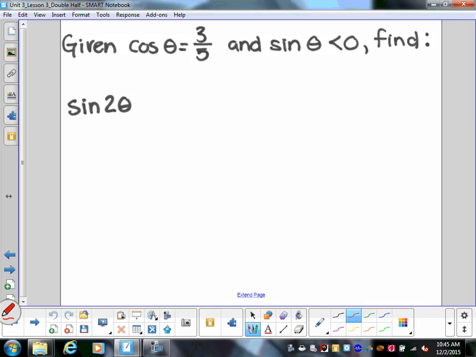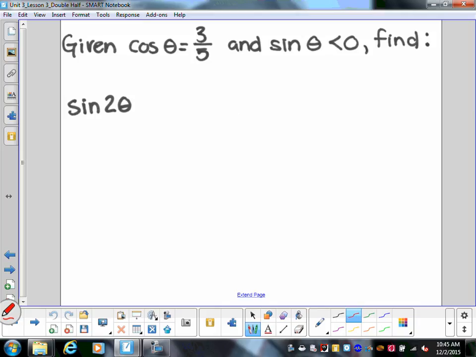So I want to know sine 2 theta. So we are going to the double angle identities. If you see sine or cosine or tangent 2 theta or like 2x or 2a, that's a double angle identity.